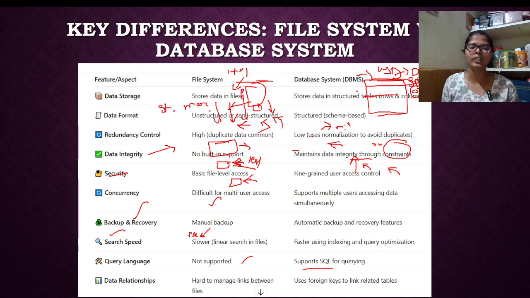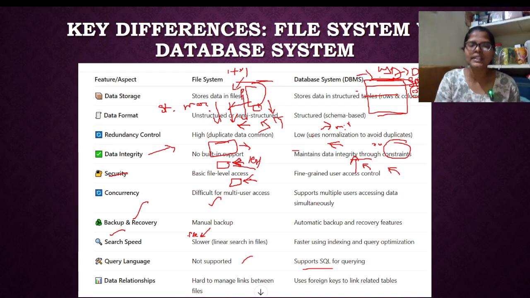We cannot find that using the file system, but in a DBMS we can find the relations, the links between tables or data, using foreign keys. So finally, we conclude that the disadvantages and complexities we have in files, we have overcome using the DBMS.